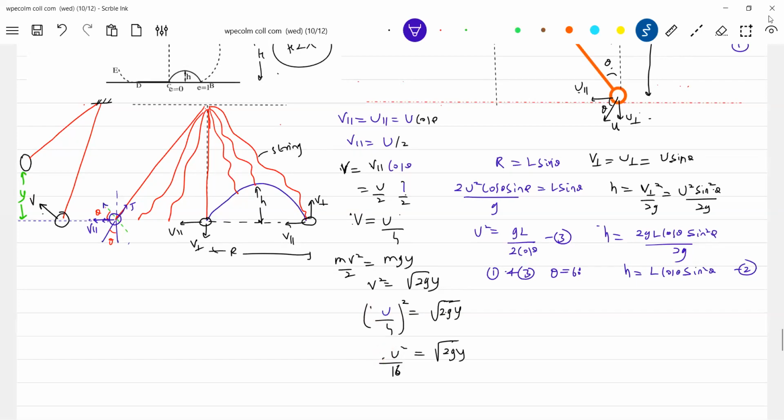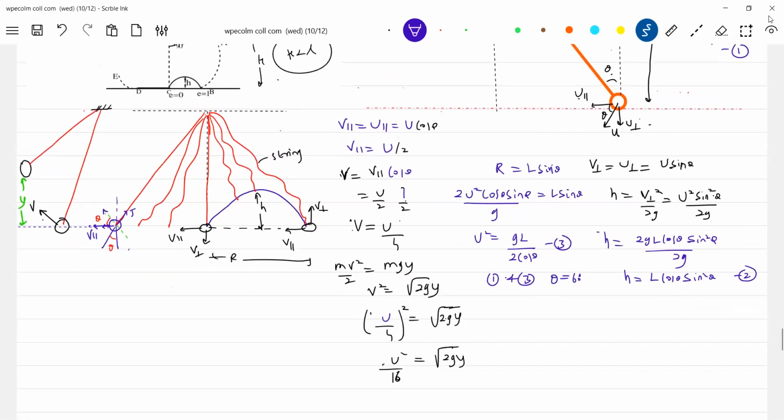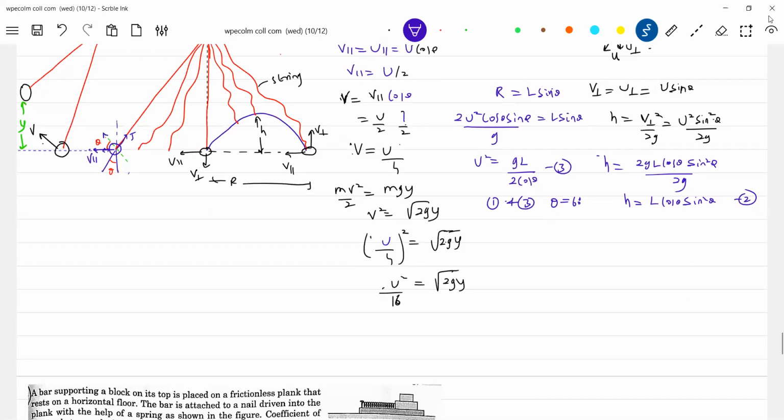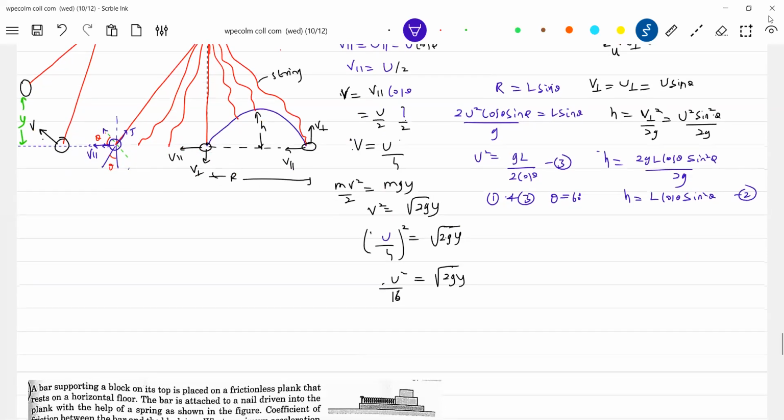Okay, yeah, this much. U square is equal to how much? 2GL cos theta. Cos theta 1 by 2 will be GL by 16. I'll bring calculation this one.